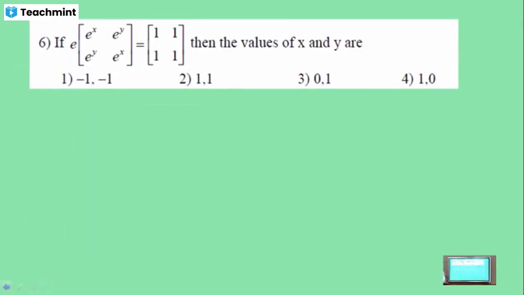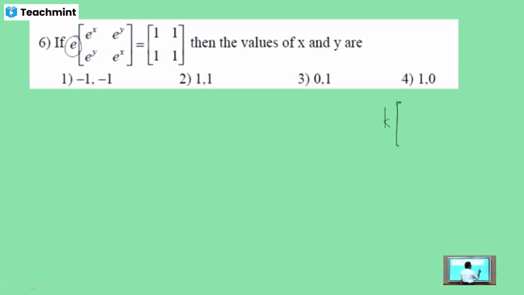As you are observing in this problem, if e into the matrix equals another matrix, then what are the values of x and y? What does the scalar multiplication rule say in matrix properties?